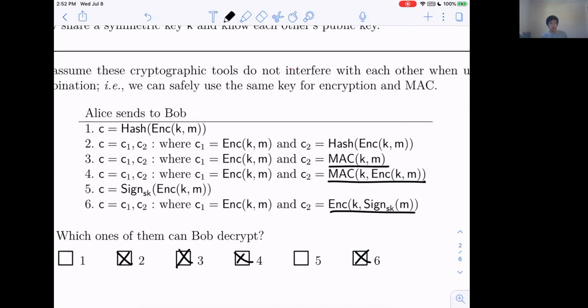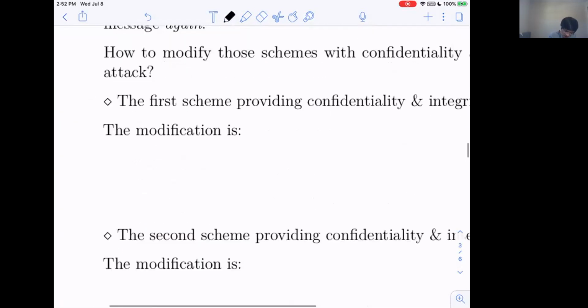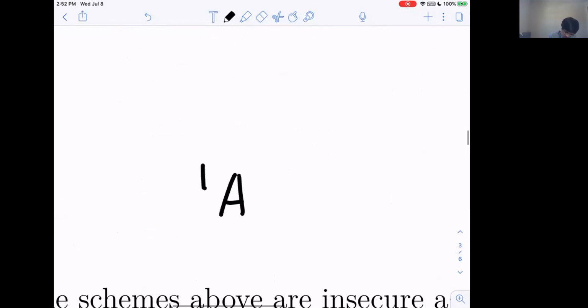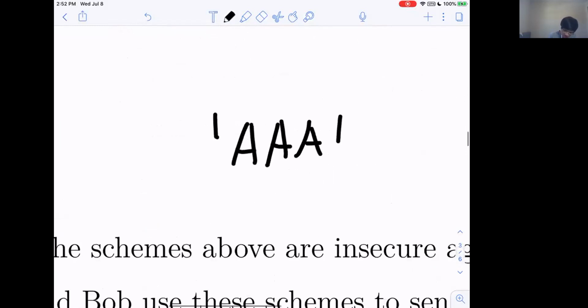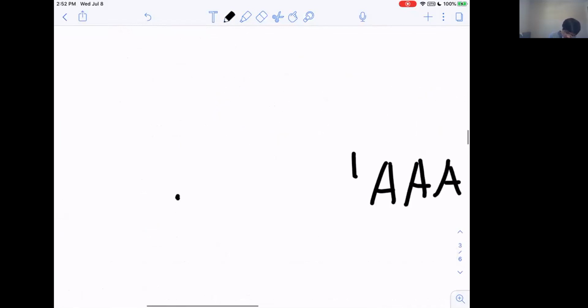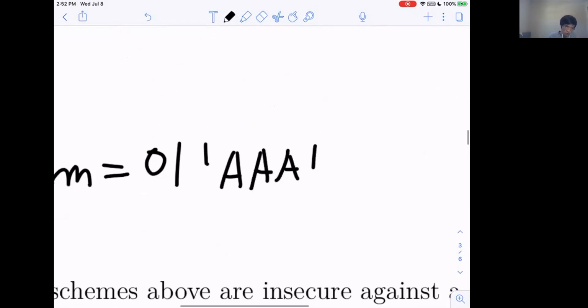So I think the answer that we were circling around is that essentially, say I am Alice and I want to send a message. We can define our message to be, say, the number 0 as well, and then our actual message.